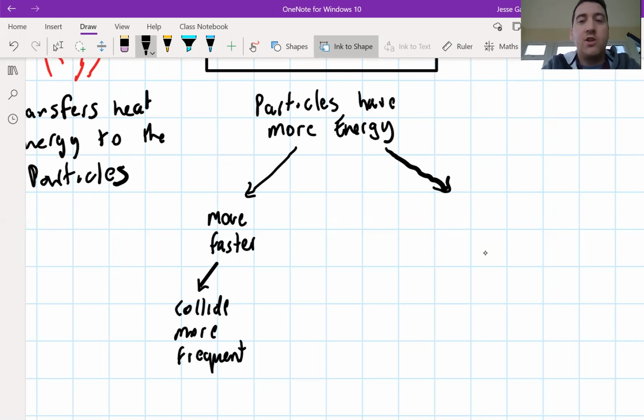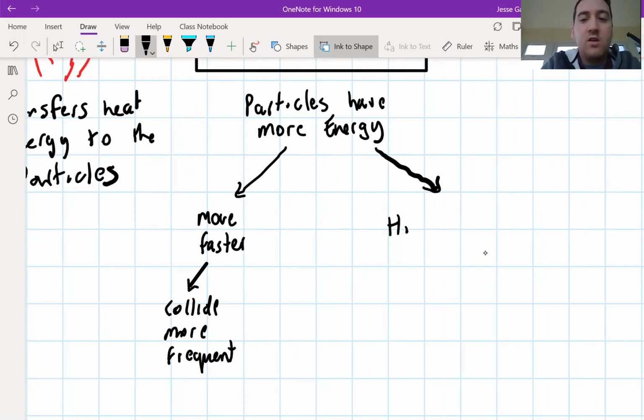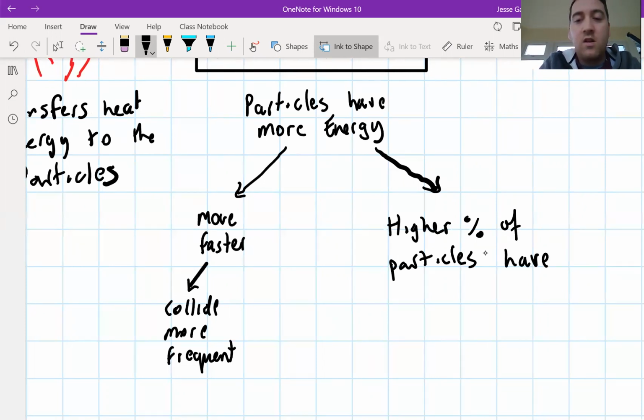Particles having more energy, though, also means that a higher amount of the particles, or what we say, a higher percentage of the particles, because they have more energy, have the activation energy. So that if they do collide, it's much more likely to be successful.